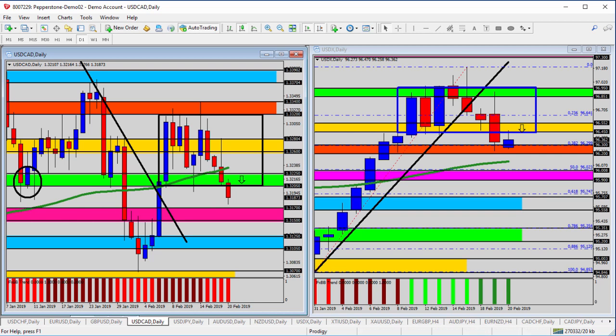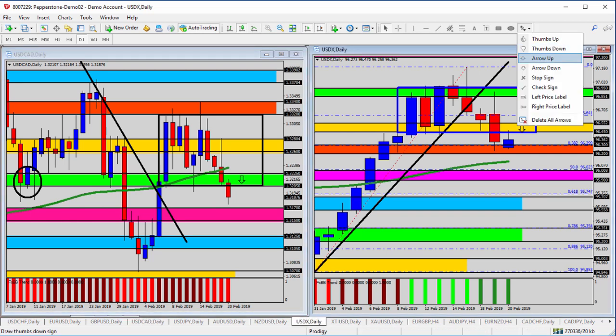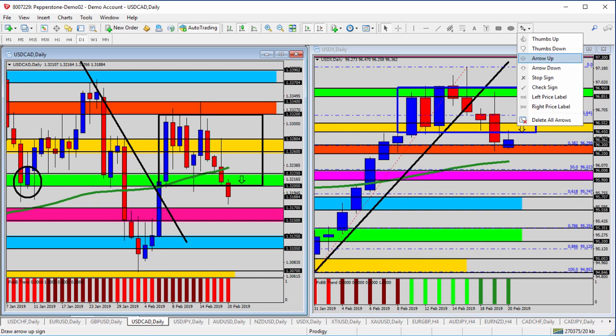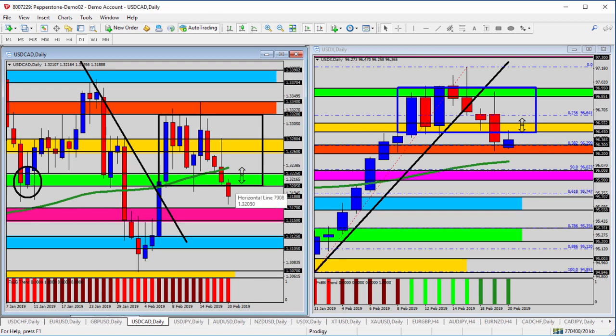Only if the US dollar were able to rally back above 96.55, the yellow shaded area, would I have any expectation that the dollar CAD would pressure higher. So for the time being, dollar under resistance, dollar CAD under resistance, we would look for resistance and potential short opportunities.